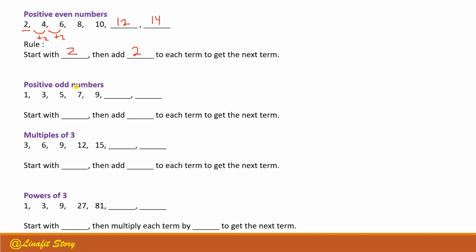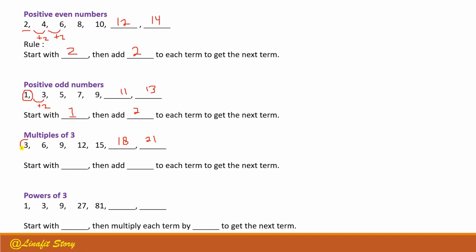Positive odd numbers 1, 3, 5, 7, 9. So the next two terms are 11 and 13. So start with 1, then add 2 to each term to get the next term. Multiples of 3. 3, 6, 9, 12, 15, 18, 21.